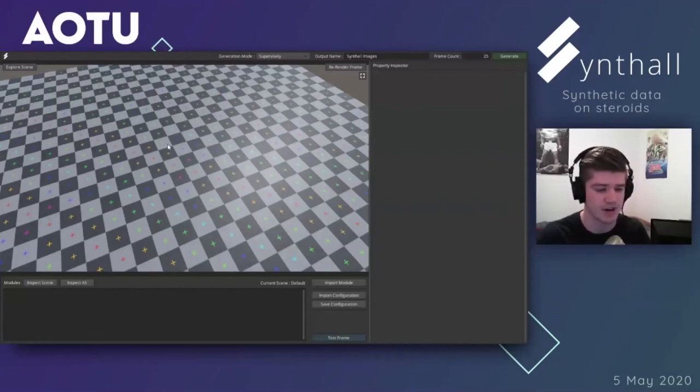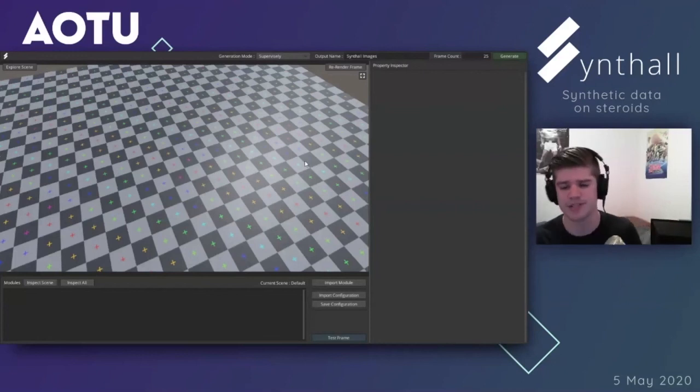When we start it up, we have a few different things to look at. If you are a Blender user, you might notice that this is the default color UV map texture from Blender. But essentially, it starts up with a completely blank slate. You can generate whatever you need going forth.